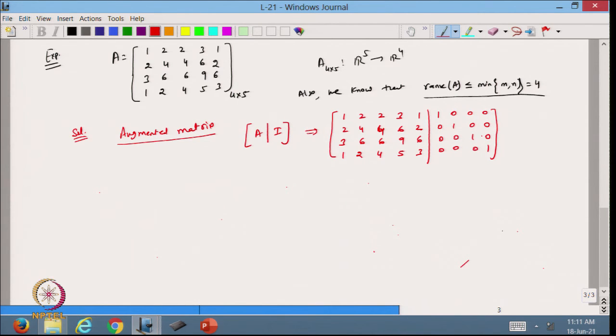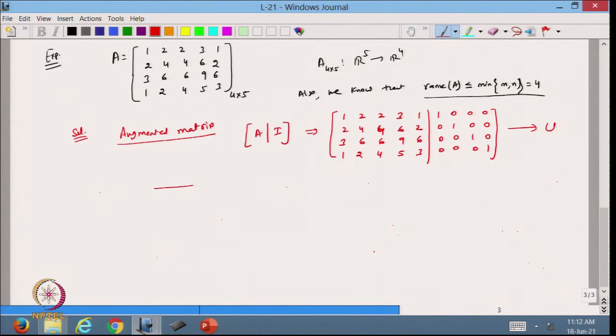Now I will transform this to the row echelon form U, so I will apply the row operations.